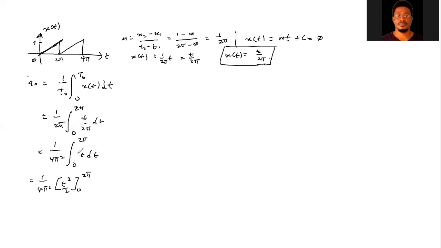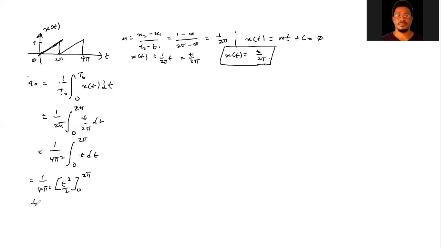For t, it's t squared over 2, yeah. N plus 1, that's t to the n plus 1 over n plus 1. So that's 1 plus 1, that's t squared over 1 plus 1, 2. Okay. So once this is done, then we can bring that out. That's 2 pi squared, that will be 4 pi squared over 2 minus 0.